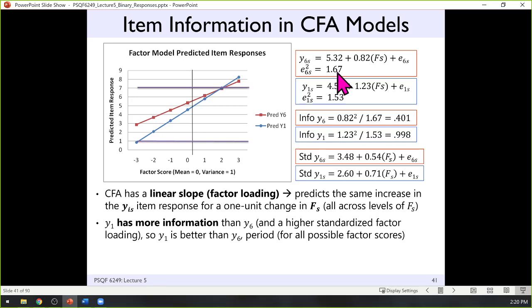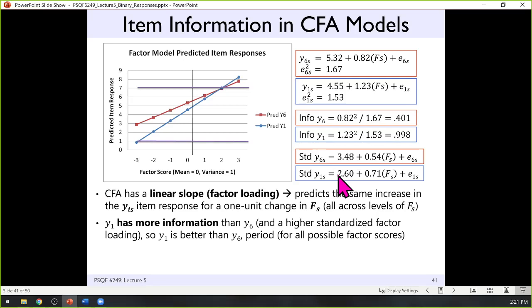It has a stronger slope and a little bit less error variance. I can use those quantities, the unstandardized loading squared divided by the error variance, to compute information. And here are the standardized loadings that correspond to the unstandardized loadings. It looks like item 1 is stronger than item 6. Cool.